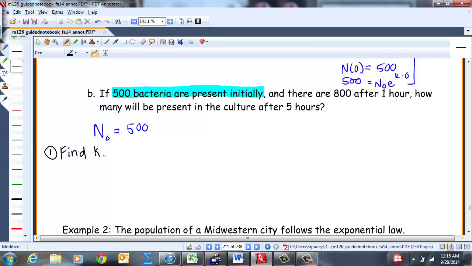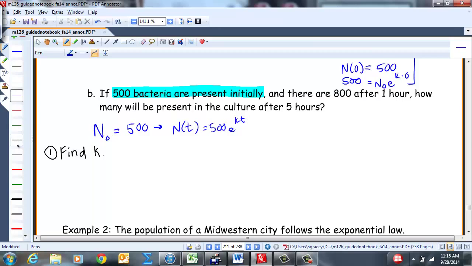That's our first goal. And we know N0 is 500, right? So that means so far we have N at t is equal to 500 times e to the kt. So find k using this information.